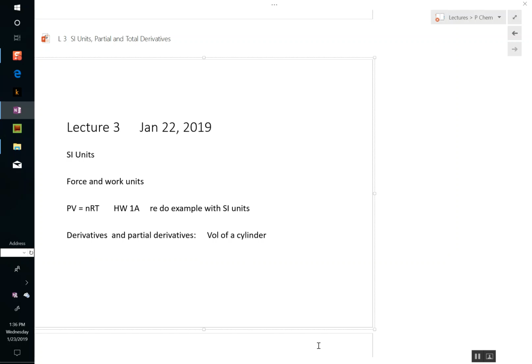So that's going to go to 1, excuse me. And so we just have RT over V. So the partial of P with respect to N at a constant T and V is RT over V.